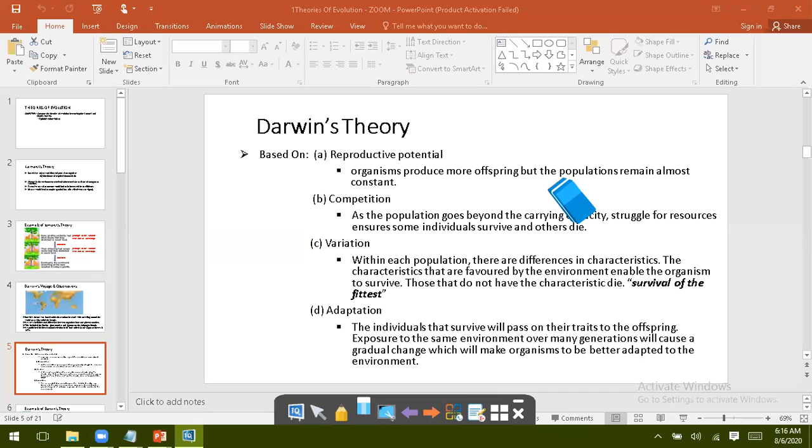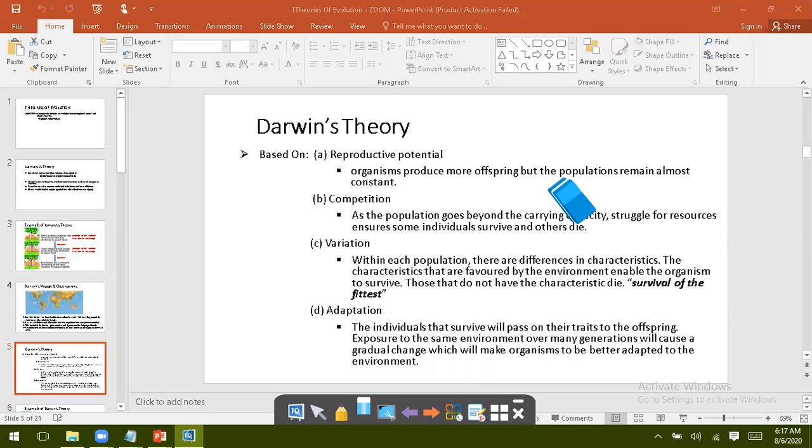In a population also there are variations, which are the differences in characteristics of individual members of the population. And we've seen in genetics how that is so. And these variations allow for adaptation to be possible. And adaptation, we've seen, is morphological, behavioral, or physiological changes in organisms that enable them to perform a certain function and therefore improve their chances of survival in the ecosystem.